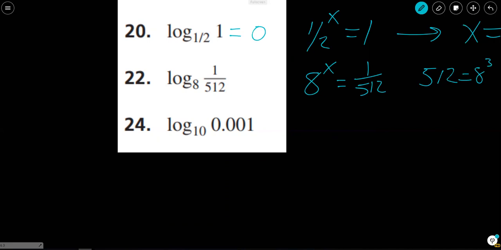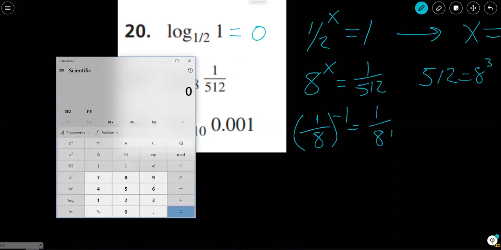So that means I'm going to rewrite this. 1 over 8 to the negative 1 power is going to equal 1 over 8 to the 1st. And I want to get to 1 over 512. Well, I know that 8 to the 3rd power is 512. 8 times 8 times 8, there's 512.